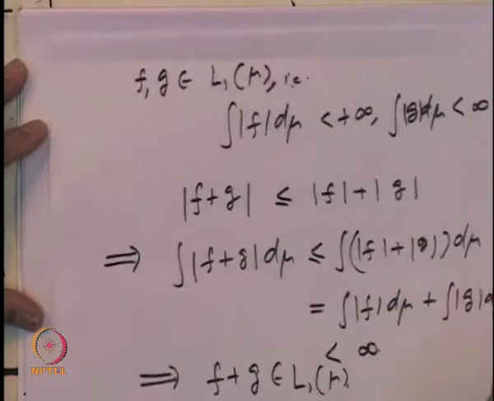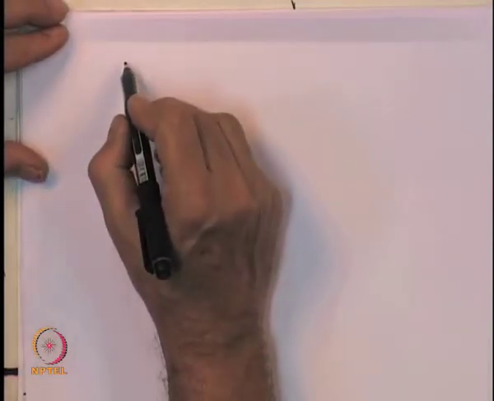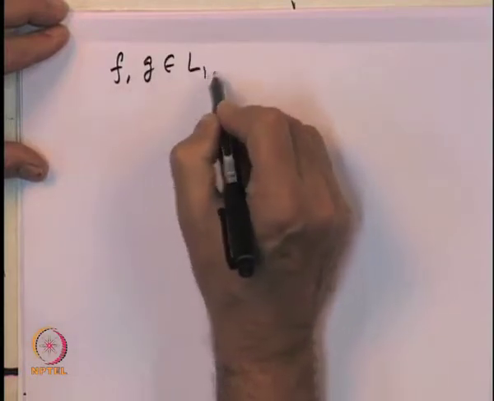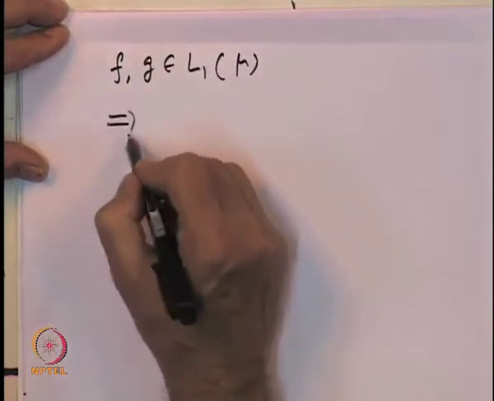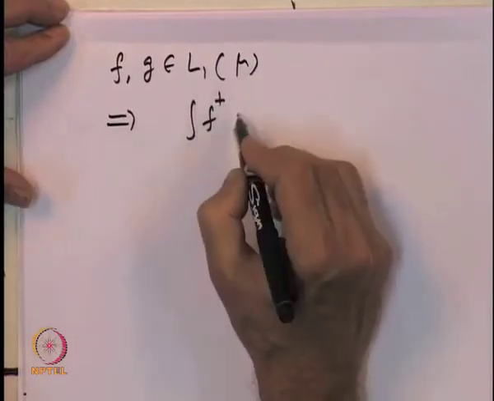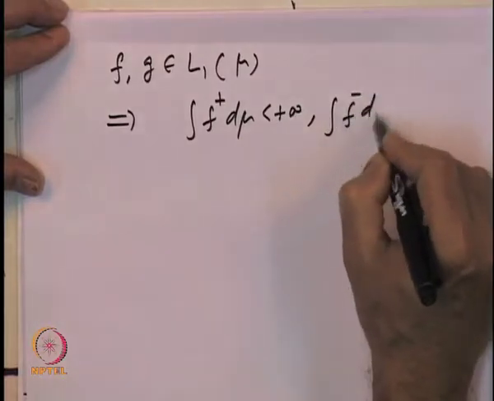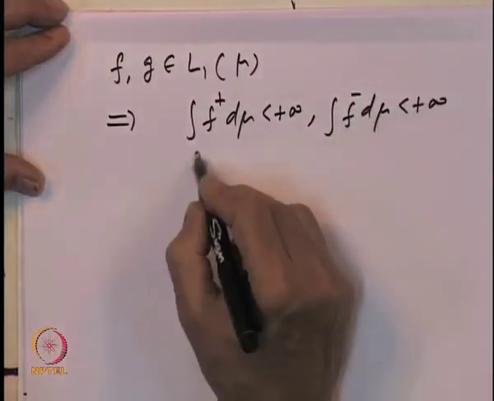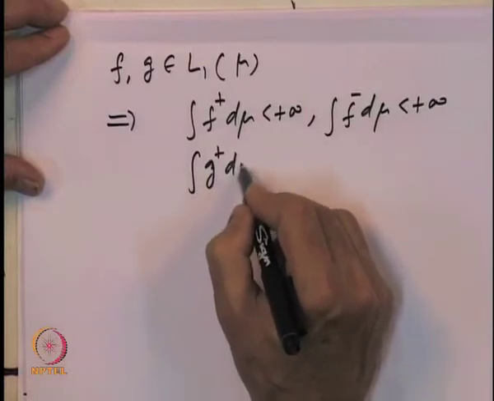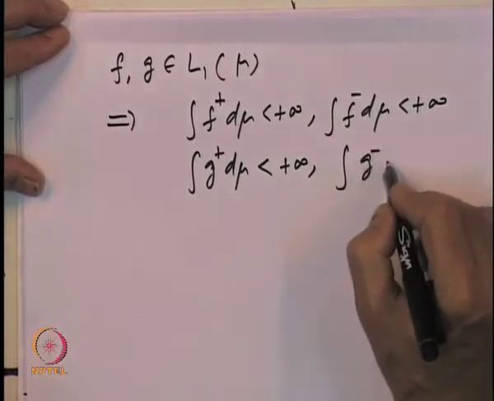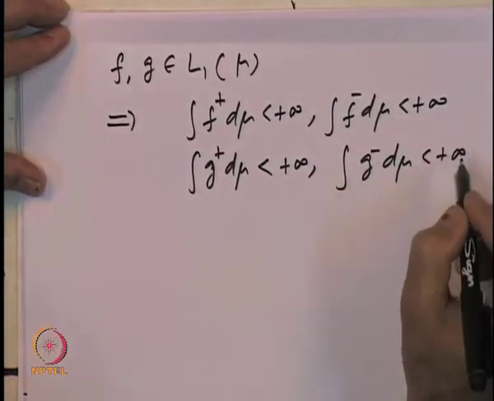To compute the integral of f plus g, we have to go back to the definition of the integral. So, f and g are integrable, so that implies the integral of f plus dμ is finite, the integral of f minus dμ is finite, the integral of g plus, the positive part of g, is finite, and the integral of g minus dμ is finite.